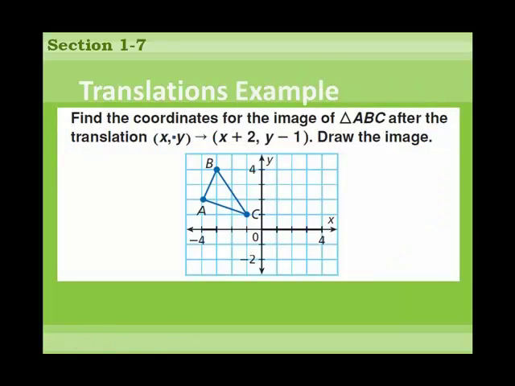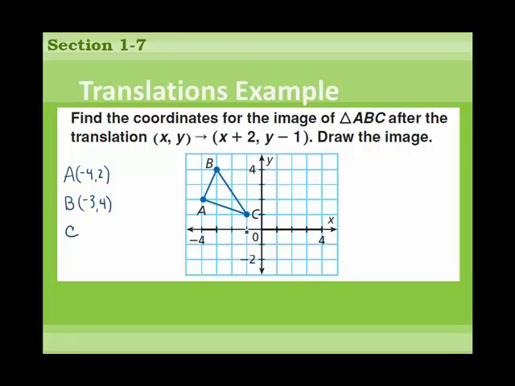So if we look here, it says use this to find the image of ABC. So all of our points x are going to become x plus 2. All of our points y are going to become y minus 1. So if I look at the current coordinates, the coordinates of A are negative 4, 2. The coordinates of B are negative 3, 4.